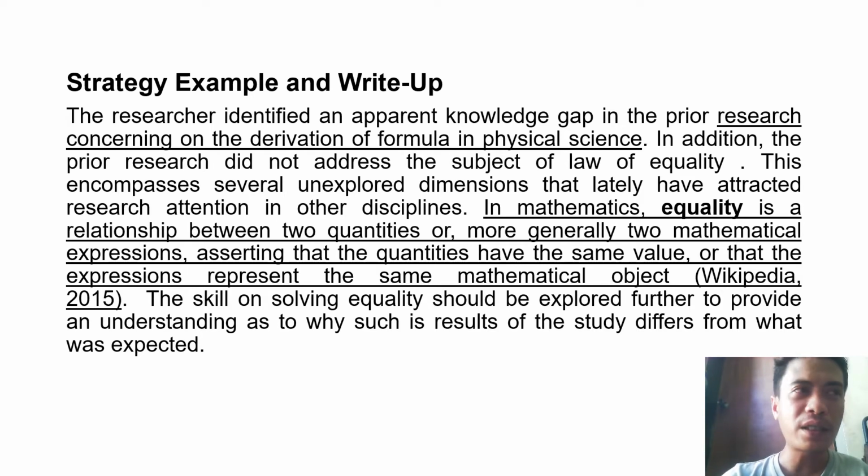Now, you already showed different examples, but when the students do that on their own, you figure out that they cannot derive the formula. Meaning to say, there is an offshoot. If you cannot derive a mathematical formula in physical science, in chemistry, class, meaning to say, you don't understand the law of equality. Therefore, that is an offshoot.